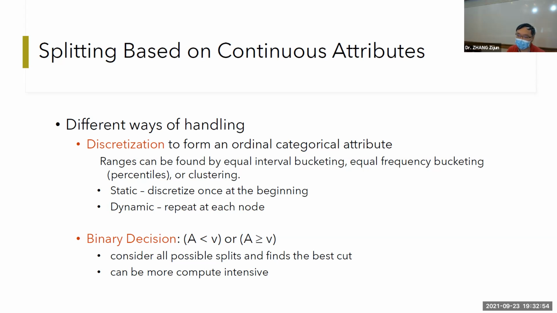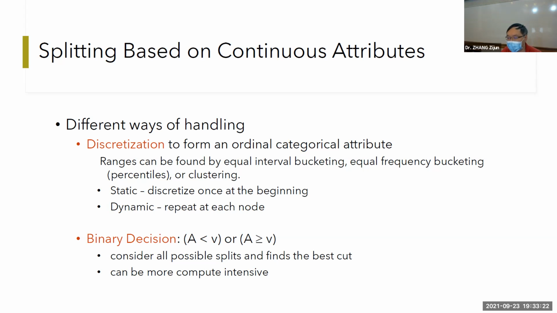First we can apply the discretization strategy to form an ordinal category of attributes. That means we convert the continuous attributes to ordinal categorical attributes. So ranges can be found by equal interval bucketing.